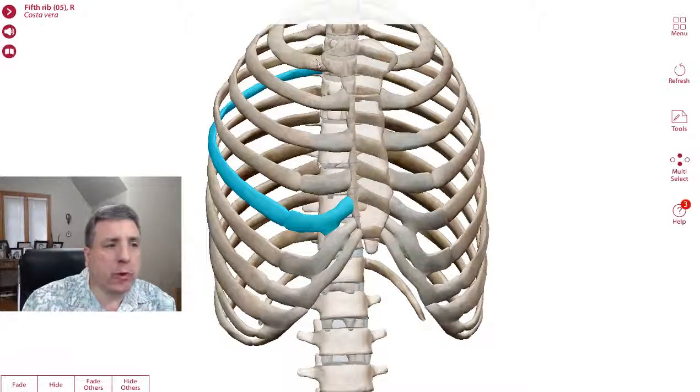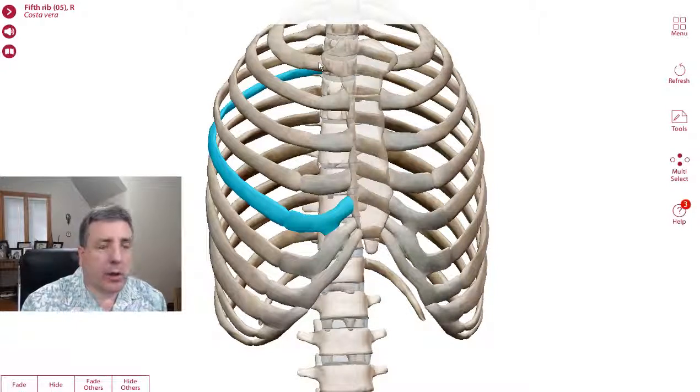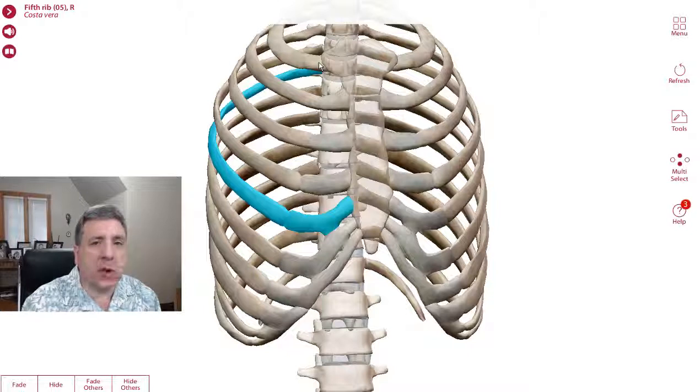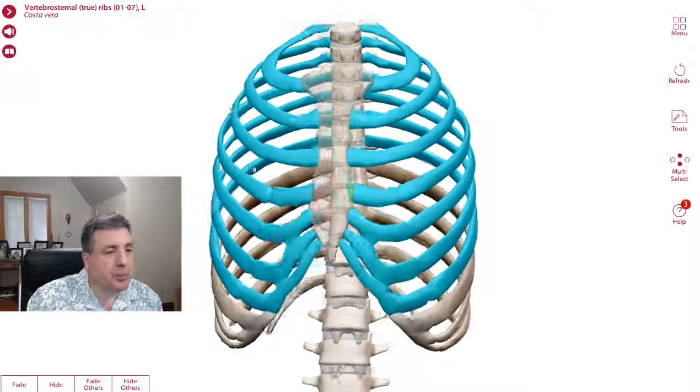So true ribs attach to the sternum with their own set of costal cartilage. If you look at rib 1, it goes into the manubrium with its set of costal cartilage. Rib 2 has its separate costal cartilage, all the way down through rib 7.